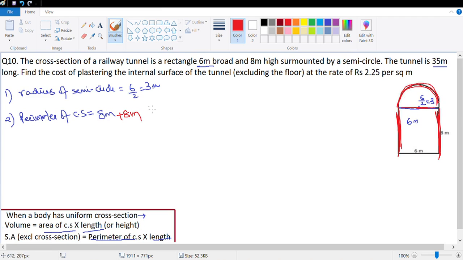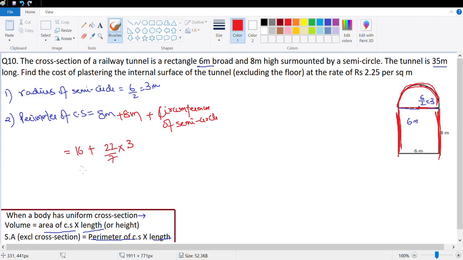So plus circumference of semicircle. Right, so circumference of semicircle is 2 pi r upon 2. So this will be 16 plus pi r, which will be 22 upon 7 into 3.